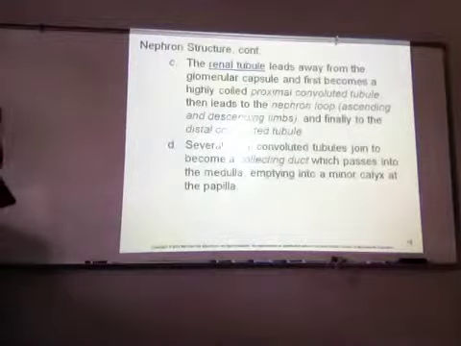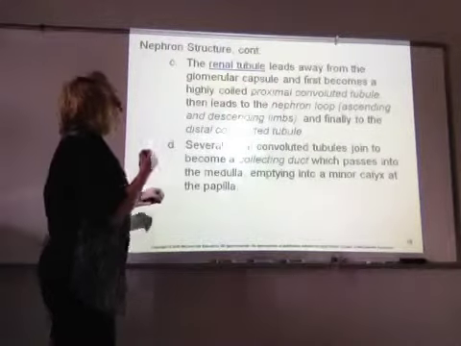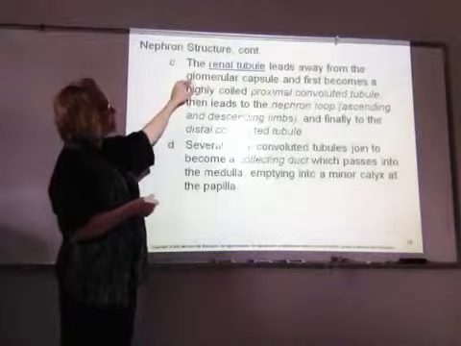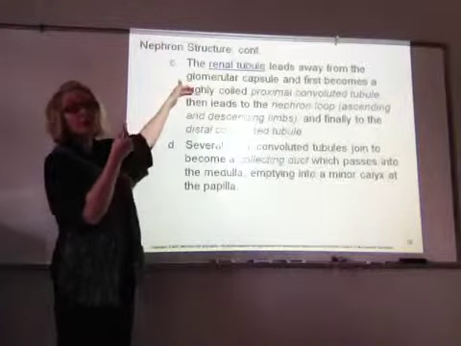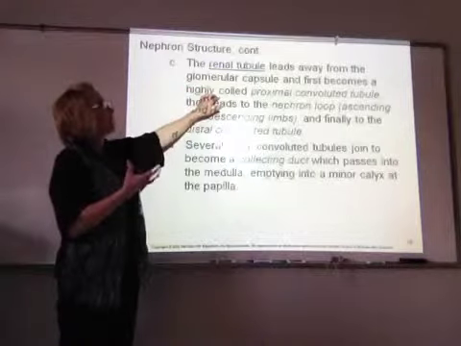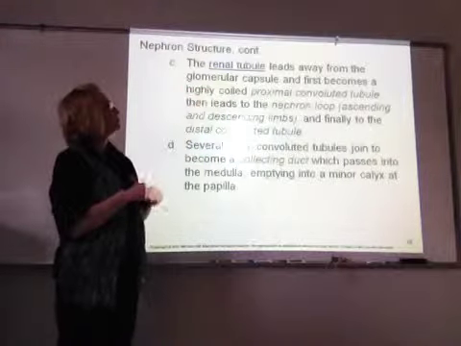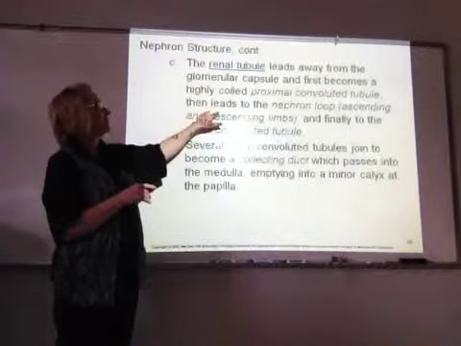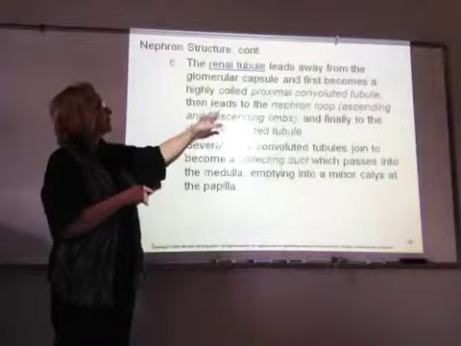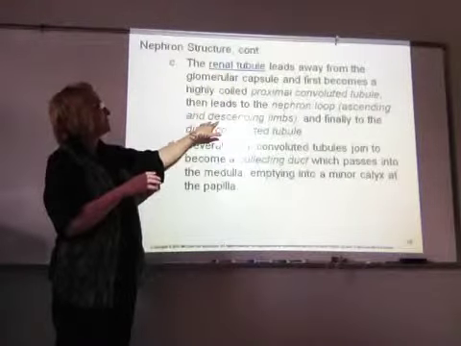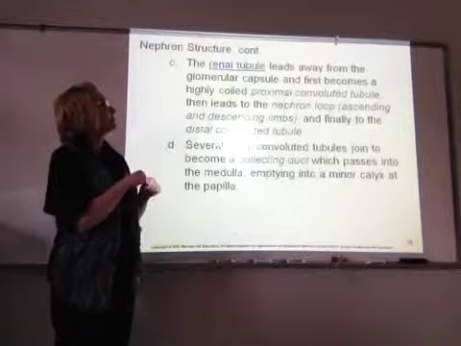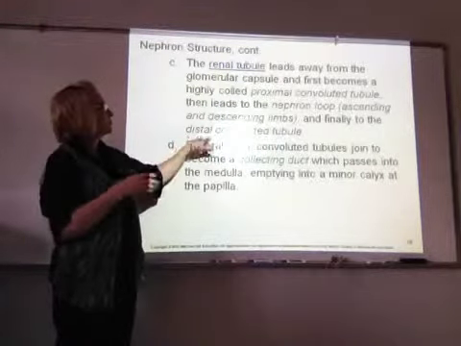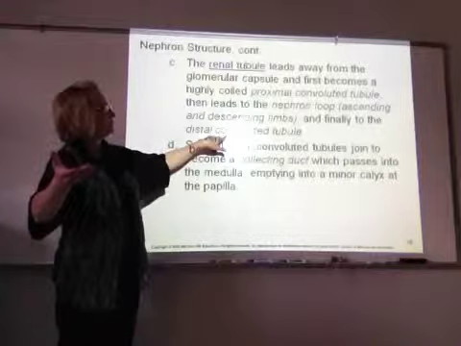The renal tubule leads away from the glomerular capsule and first becomes, it's highly coiled, the proximal convoluted tubule that leads to the nephron loop. The nephron loop is basically a bunch of ascending and descending limbs, and then finally it's going to go to the distal convoluted tubule.